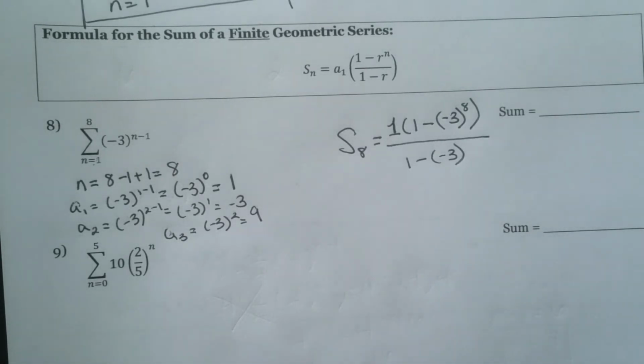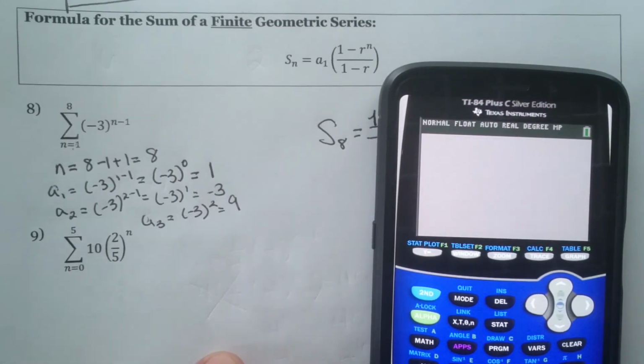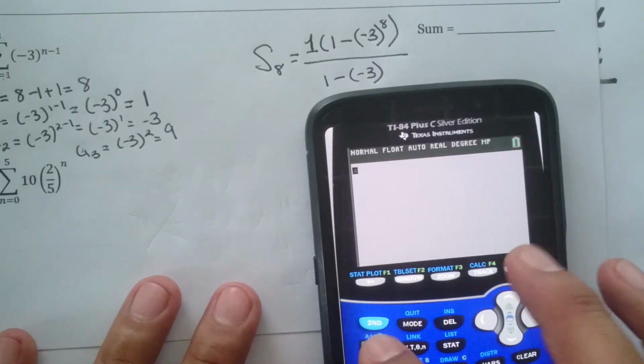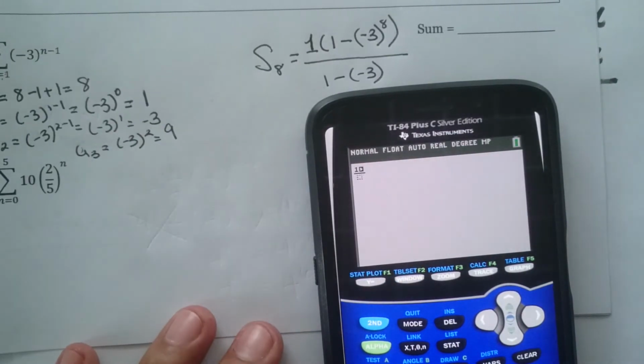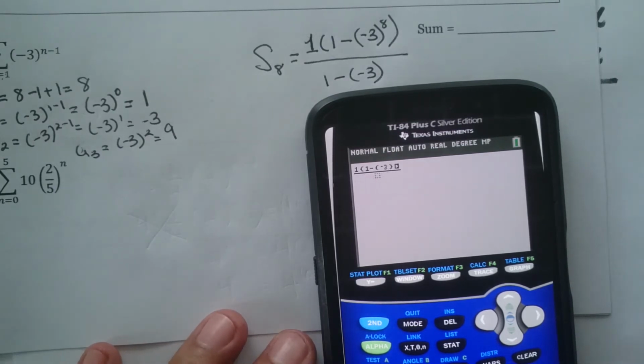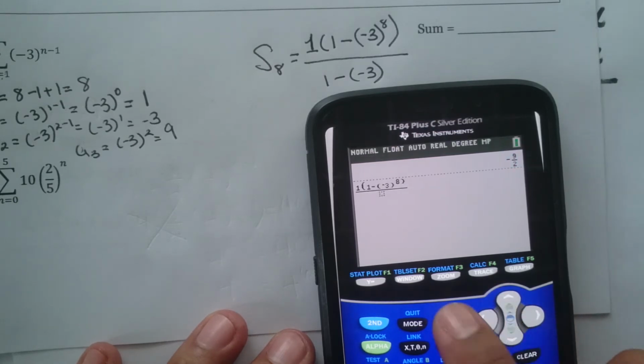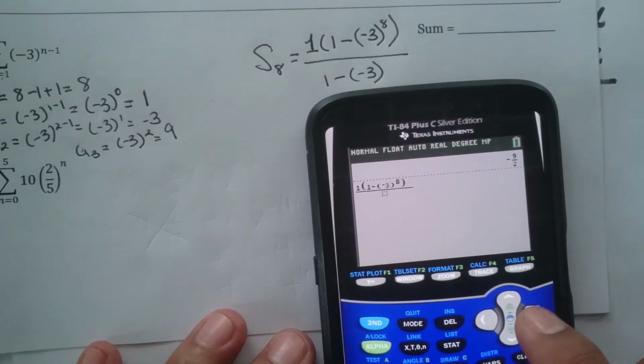So, hopefully I don't get any alerts on my phone, but I'm going to use my calculator here. I'm going to put my fancy fraction, do 1 minus negative 3 to the 8th power. Oops, probably shouldn't put that parenthesis in the exponent. There we go. And then 1 minus negative 3.